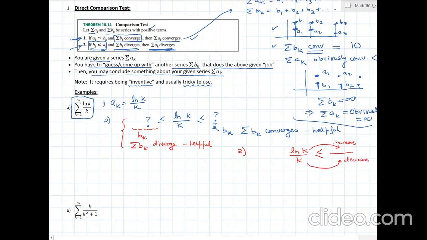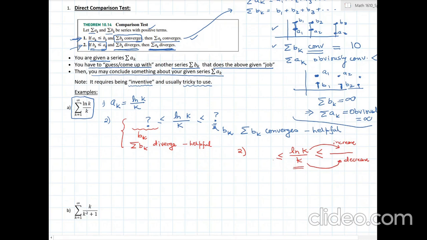That's how a fraction increases. So let me repeat. If you want to find something larger than this fraction, then you would increase the numerator and decrease the denominator.